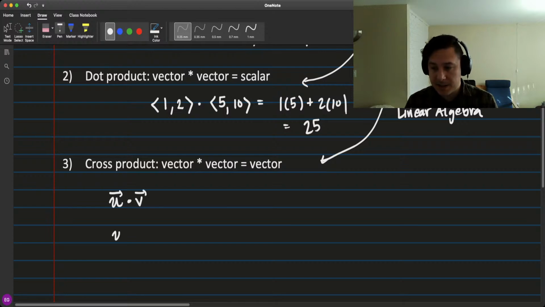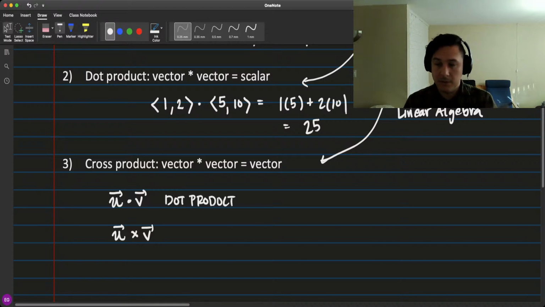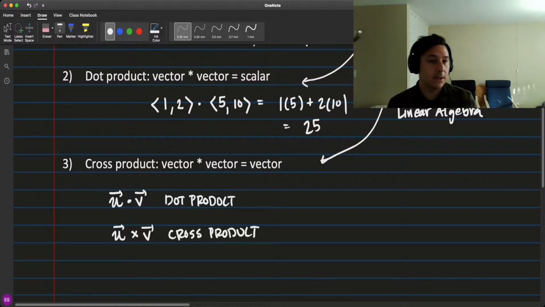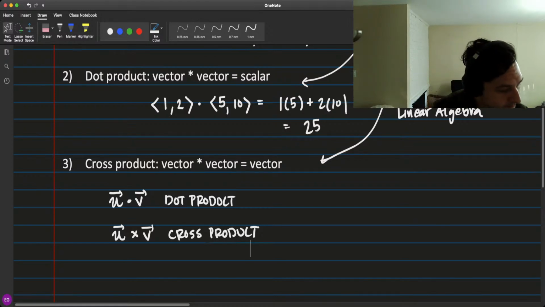For the cross product, we put an X, hence the name. So let's start off with what symbols we use. So dot is the dot product. The X is the cross product.